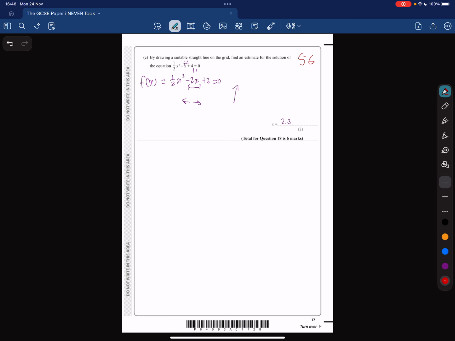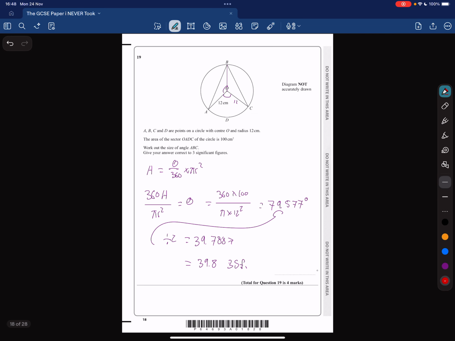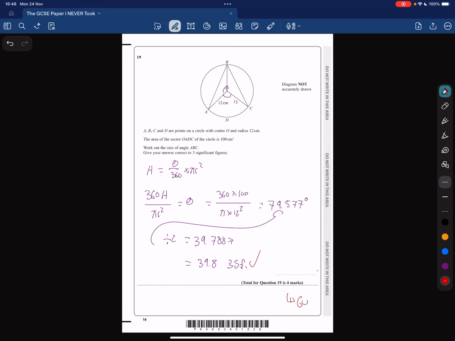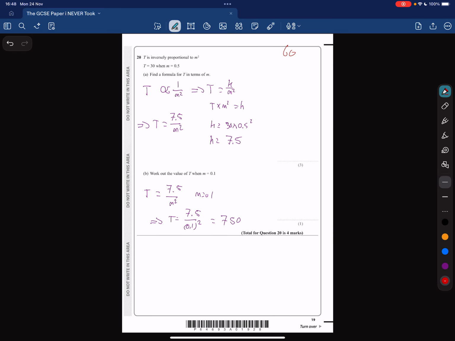Oh, I've done this all the way around. Nope. So I'm 56. Still. Okay. Even though, again, I didn't know the circle theorem, I still managed to get it right. 60 at the moment. 20A.